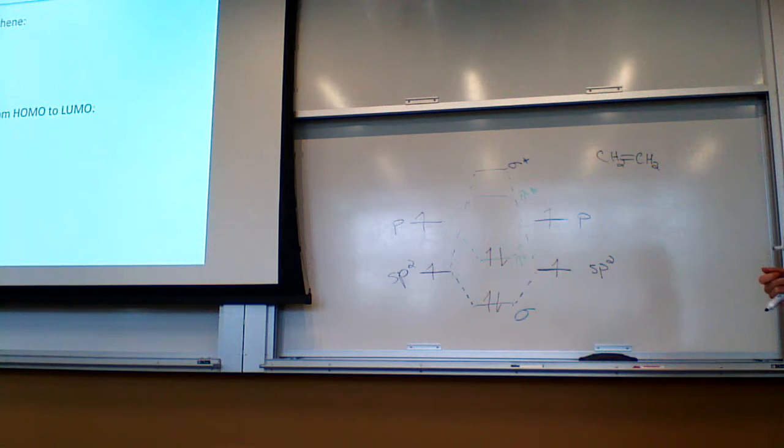Now, the reason why this is relevant is that we are going to look at excitations of electrons when we're talking about UV-Vis spectroscopy. And I wanted to give you a better idea of what we're looking at here.